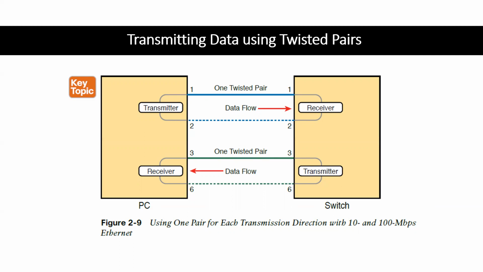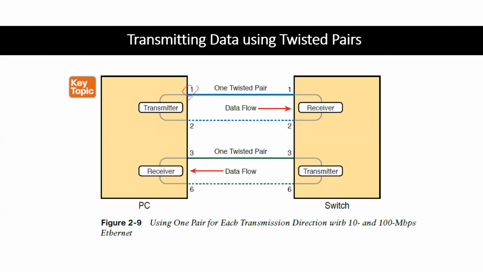Okay. Let's go ahead and talk about a straight through cable first. The straight through cable definition is that they transmit on opposite pairs. What does this mean?